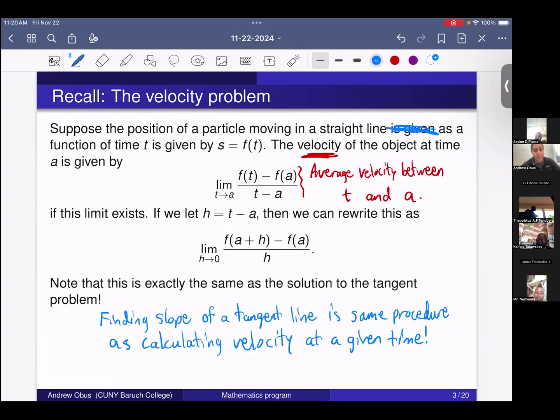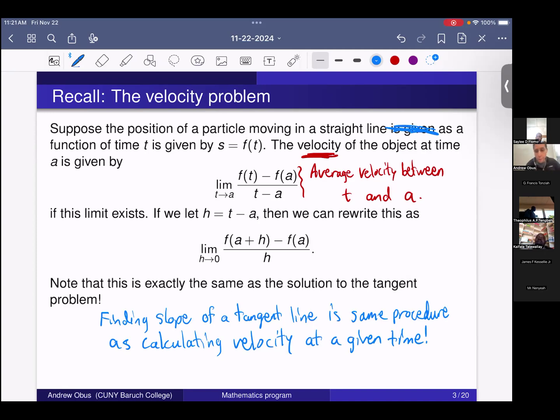It has to tell you how fast you're going right at a given point. A speedometer on a car, a motorcycle, or whatever, can't wait for a minute from now to see how far you've gone. It needs to tell you how fast you're going right then. And so it's this velocity problem that is being solved for that.